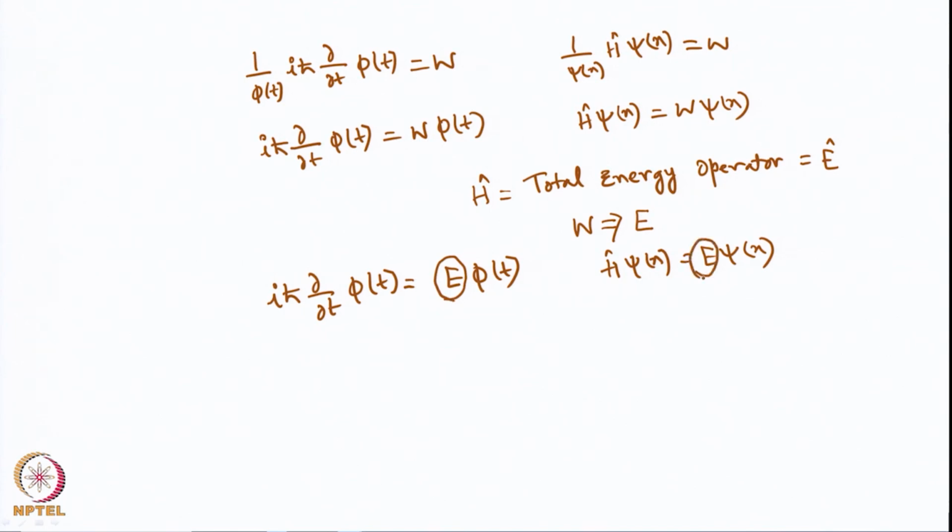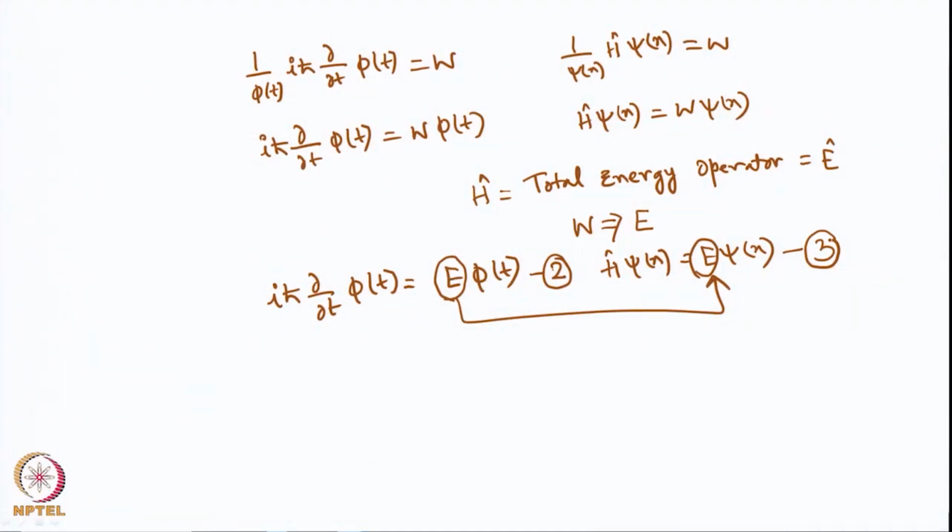The eigenvalue E will depend on the time dependence of the system, and the eigenvalue E will depend on the coordinates of the system. However, in the first case it will depend on the time dependent operator d by dt, and in the second case it depends on the Hamiltonian. And these two anyway you can see are equal. I will call this equation 2 and this equation 3.